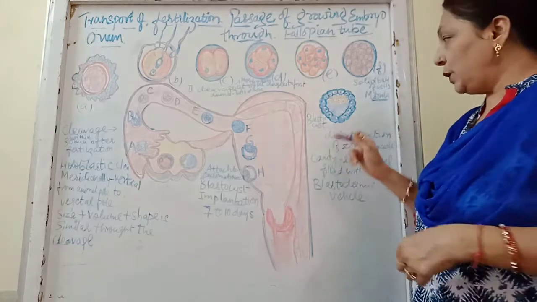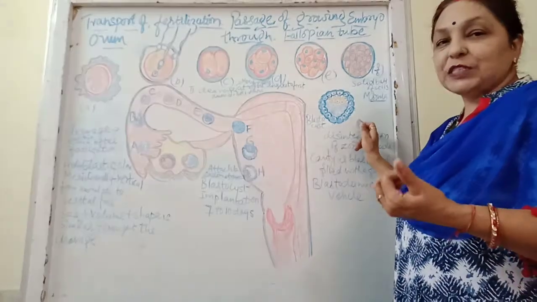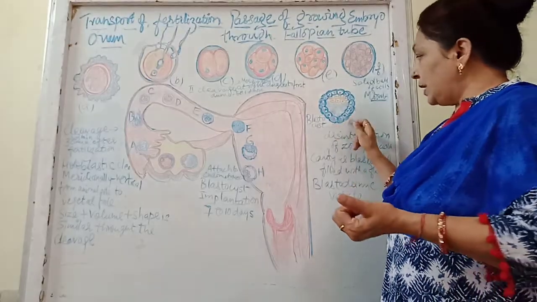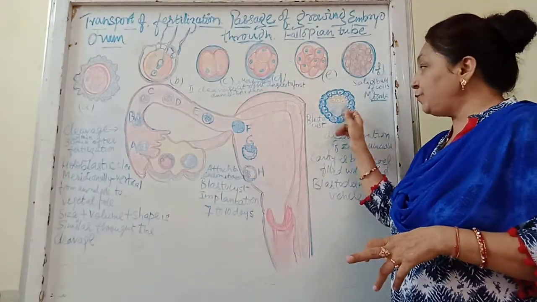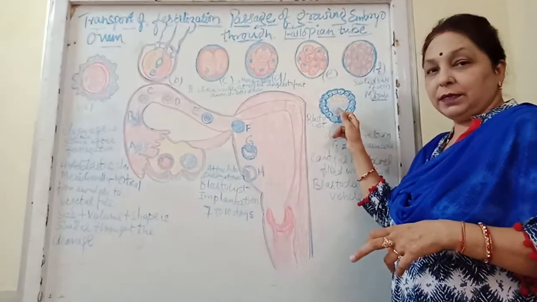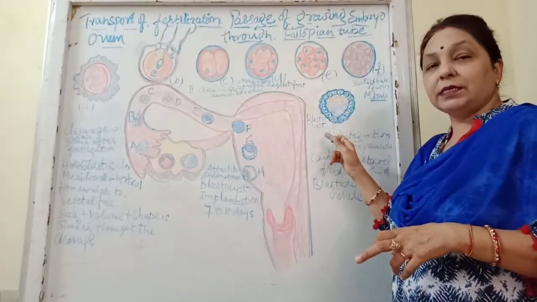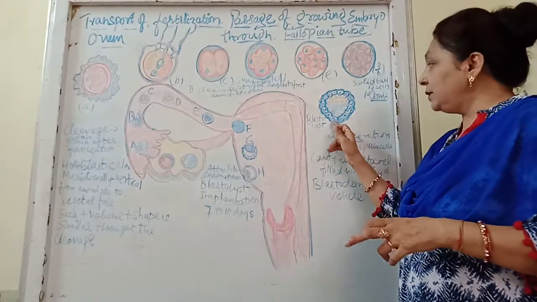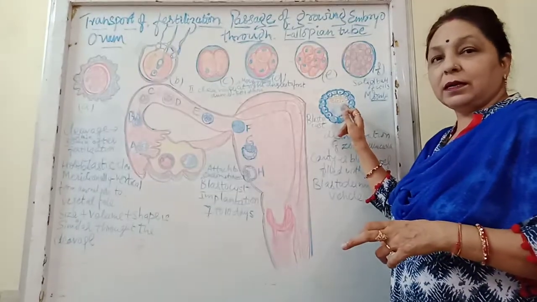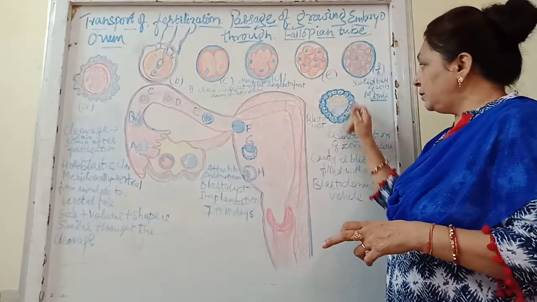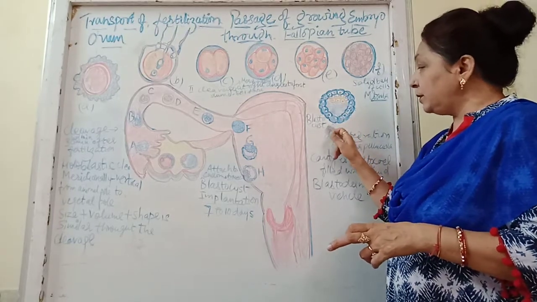It later gets transformed into the blastula, or the blastocyst forms, because of the formation of a cavity in the center, and this cavity is termed blastocoele, with the innermost cells on one side and a line of cells in the outer layer.